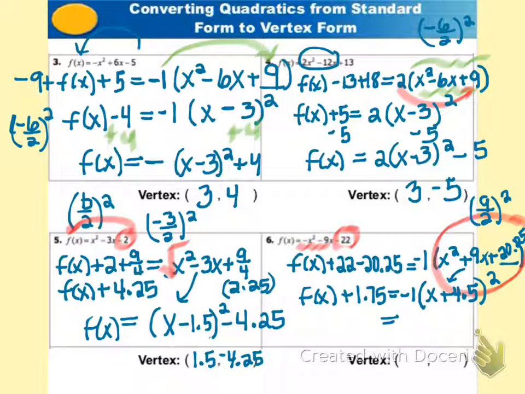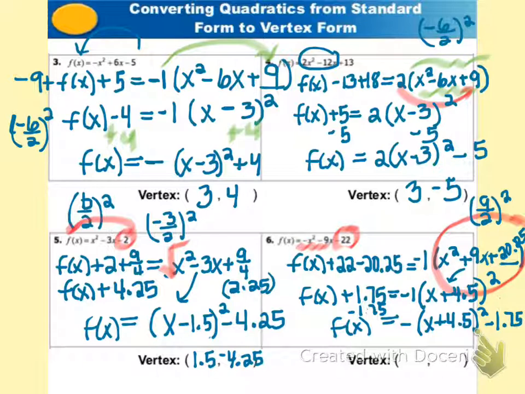And then our last step is to bring this 1.75 to the other side by subtracting it. So my final function would look like this. Negative, I don't have to put the 1, x plus 4.5 squared minus 1.75.